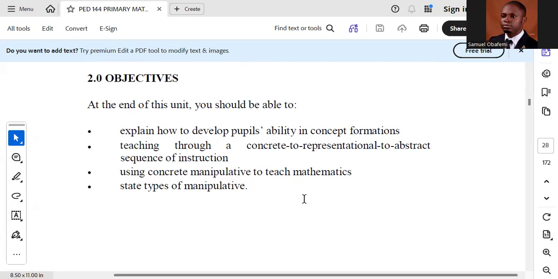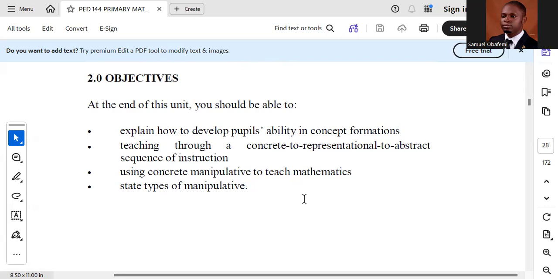You should also be able to explain how to teach mathematics from concrete to representational to abstract. We have 3 things: concrete mathematics, representational mathematics, abstract math. Don't worry, they will look like Chinese for now, but when we start to explain, you will understand what we're talking about.